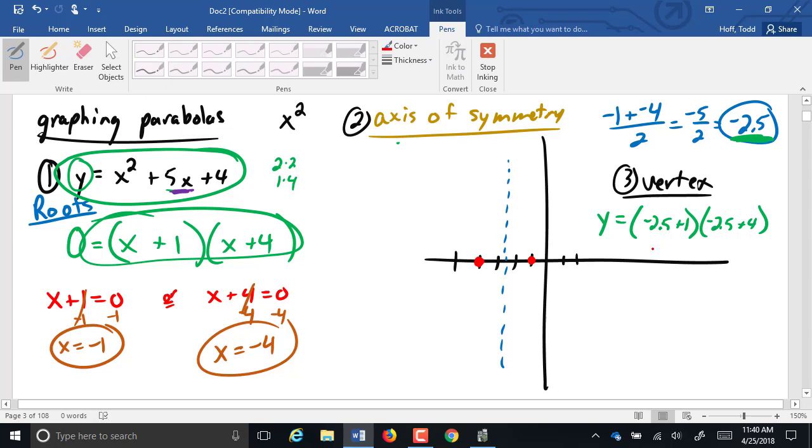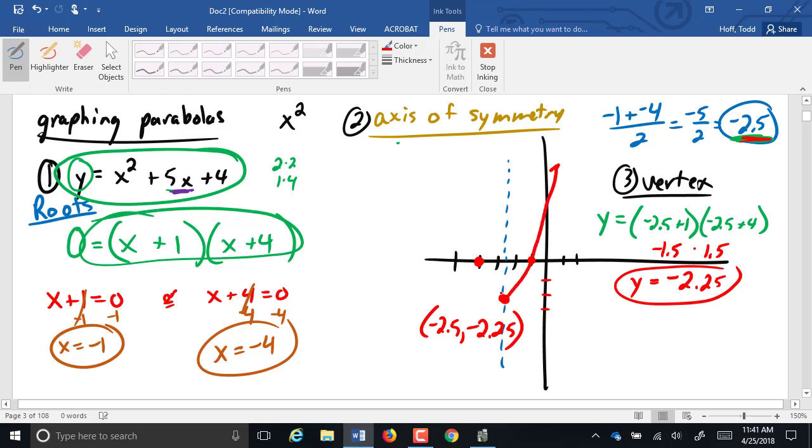Well, -2.5 plus 1 is -1.5. -2.5 plus 4 is a positive 1.5, which gives us -2.25. So the y coordinate of that vertex is -2.25. The x coordinate is on that axis of symmetry, -2.5. So that is -2.5, -2.25, and our parabola looks something like that.